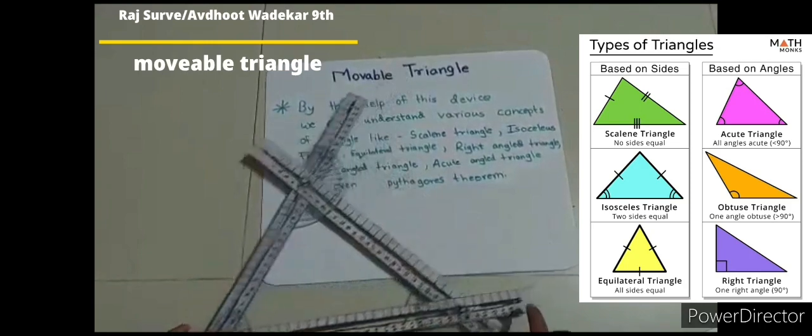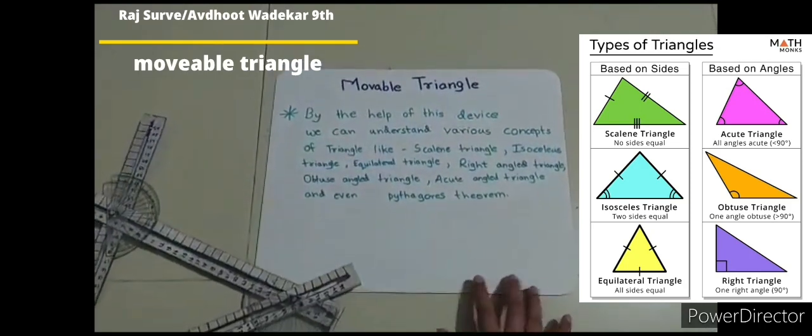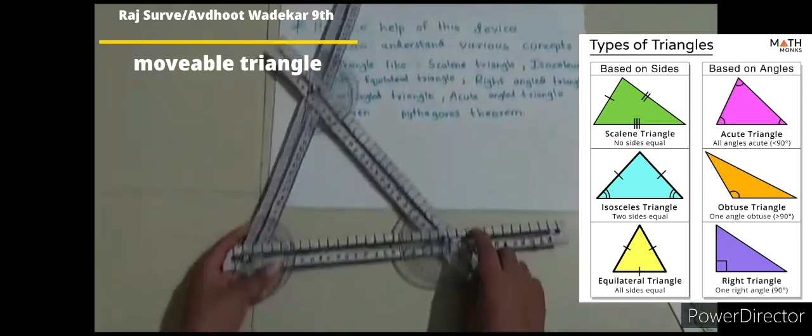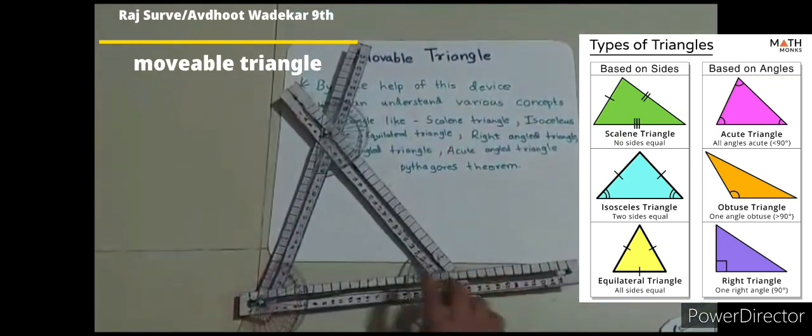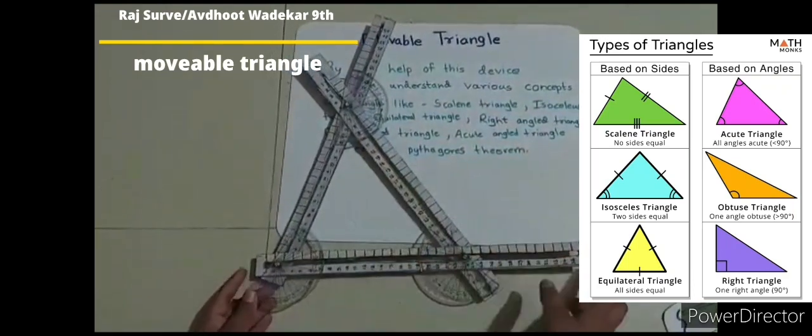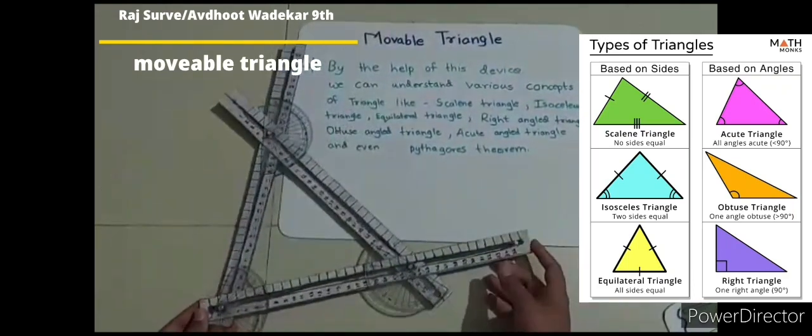They are not equal. Then isosceles triangle. A triangle where two sides of the triangle are equal and the third one is not is called an isosceles triangle.